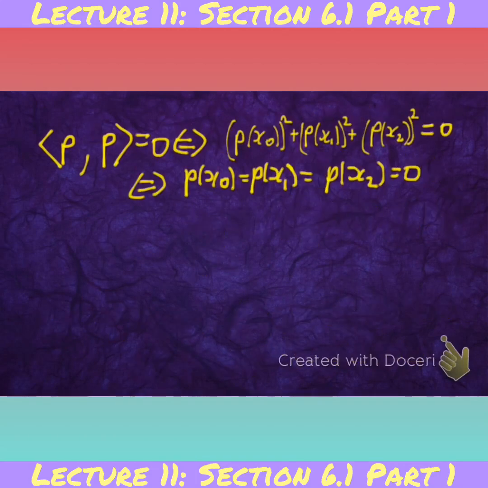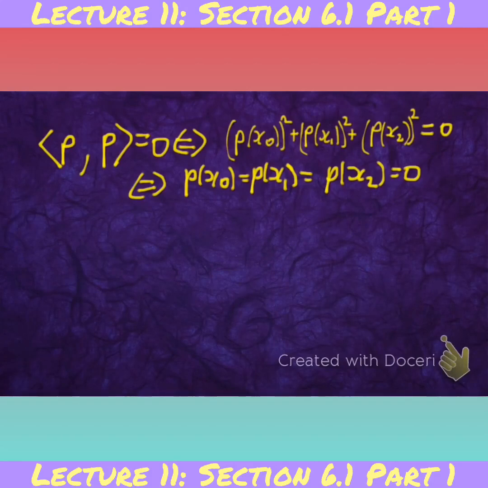So again, that has to imply that p in the point x0 must be 0, p in the point x1 must be 0, and p in the point x2 must be 0. So what does this mean? It means that x0 is a root of p, x1 is a root of p, and x2 is a root of p.